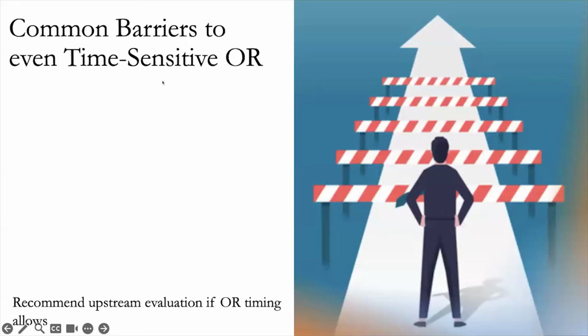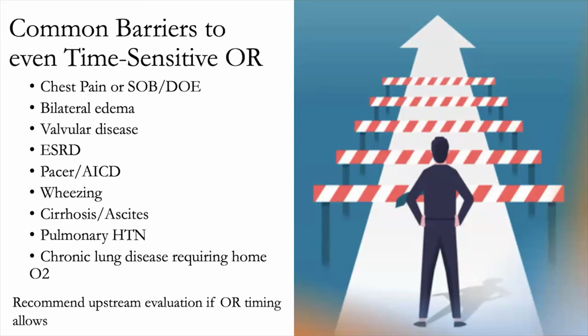There are some comorbidities or symptoms that are common barriers to even time-sensitive OR, and certainly are particularly important in the elective setting. Just to run through these quickly: chest pain, shortness of breath, patients who look volume up, patients who have a history of significant valvular disease, patients who are end-stage renal or have an implantable cardiac device that might need to be interrogated or reprogrammed preoperatively.